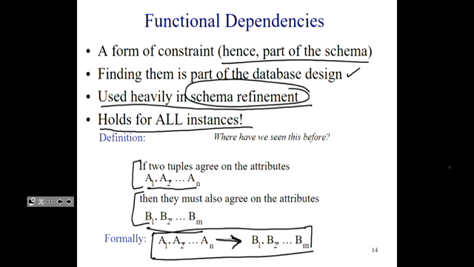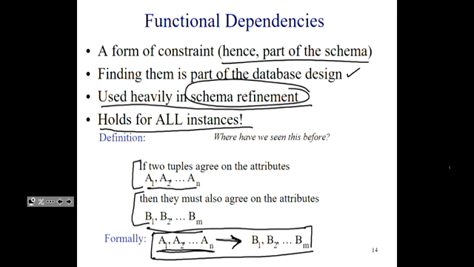So you would read this as A1 through AN implies B1 through BM, for instance. Okay? Or B1 through BM is dependent on A1 through AN. Okay? So what this says is that if two tuples share the same values for A1 through AN, then they share the same values for B1 through BM.